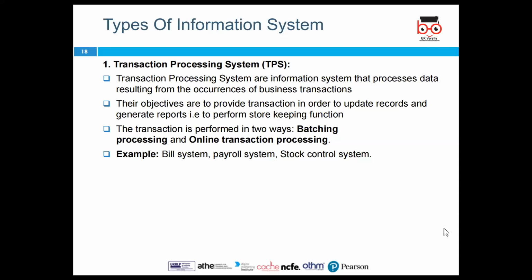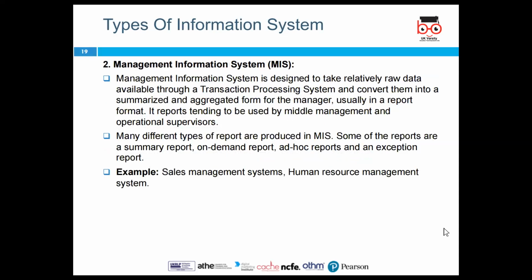Some examples could be payroll system or stock control system. When it comes to management information system, it will be designed to take relatively raw data available through a transaction processing system and convert it into a summarized and aggregated form for managers, usually in report format.